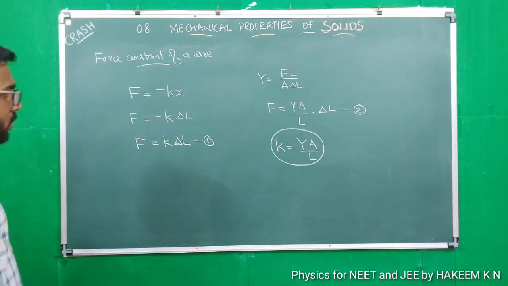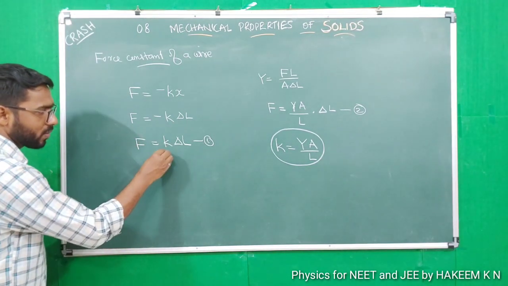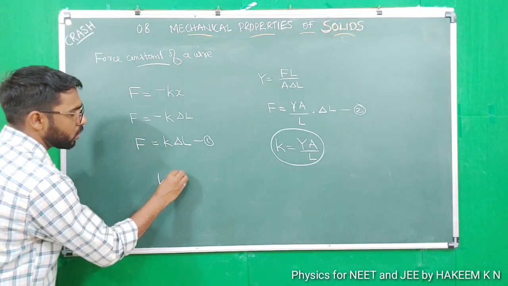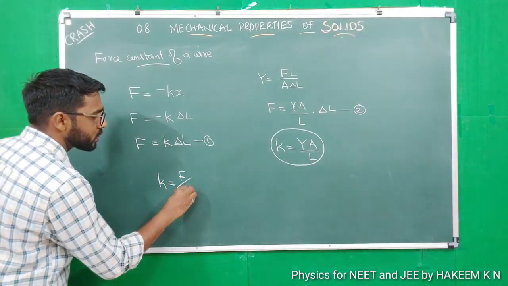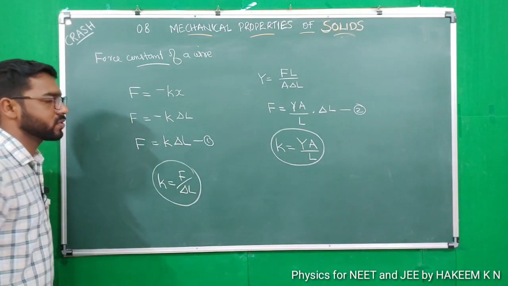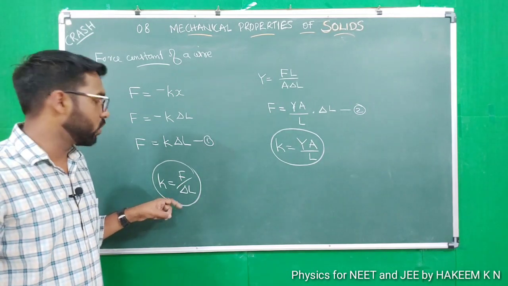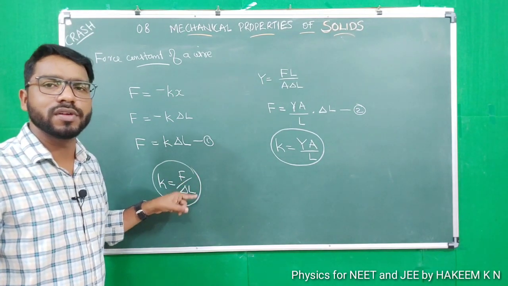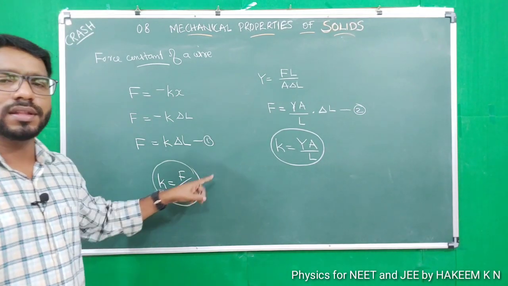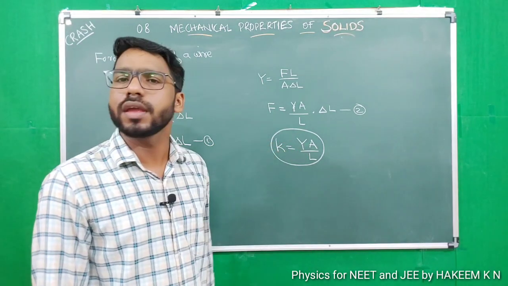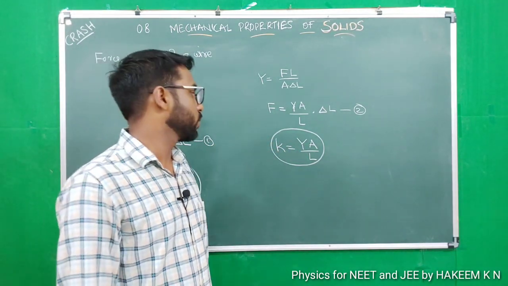So force constant K equals the restoring force developed per unit length, and that is found using the equation YA by L.